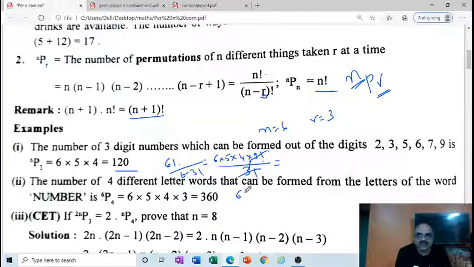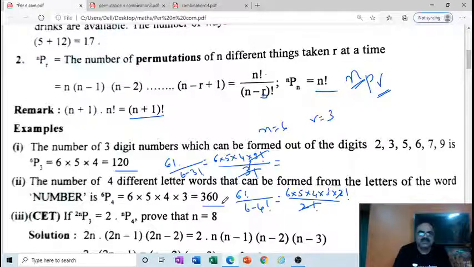How do we do? 6 factorial by (6 minus 4) factorial. 6 into 5 into 4 into 3 into 2 factorial by 2 factorial. So 6 into 5 into 4 into 3 is 360. I think these 2 examples clearly tell you now what is permutation.